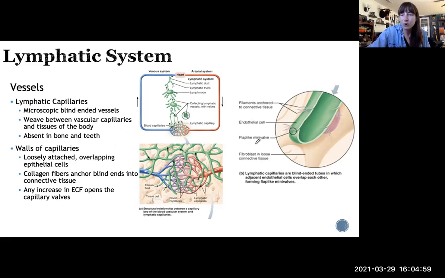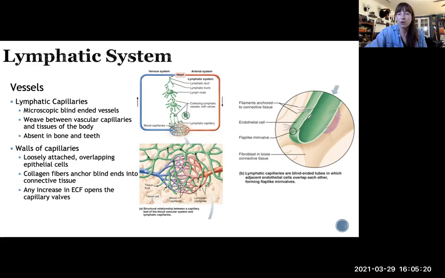The walls of your lymphatic capillaries are a little bit different than those of your blood capillaries. The walls of your blood capillaries have epithelial cells which might separate from each other, which we're going to talk about more when we talk about the immune system.